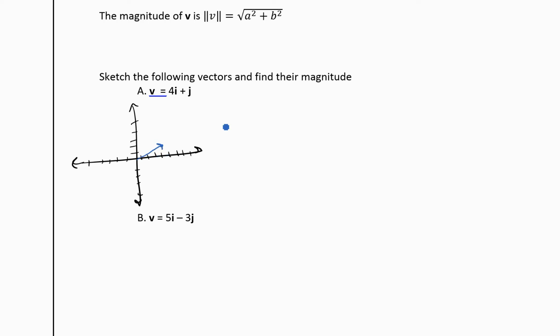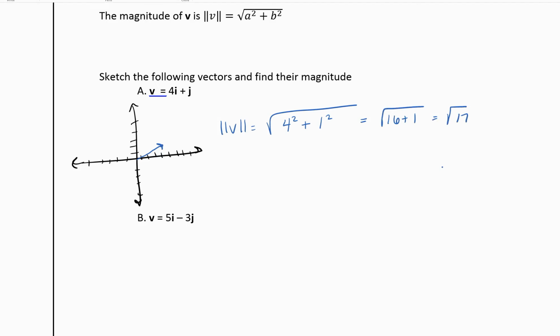So the magnitude would be the square root of 4 squared plus 1 squared. So we'd have the square root of 16 plus 1, which is the square root of 17. So our magnitude is the square root of 17.